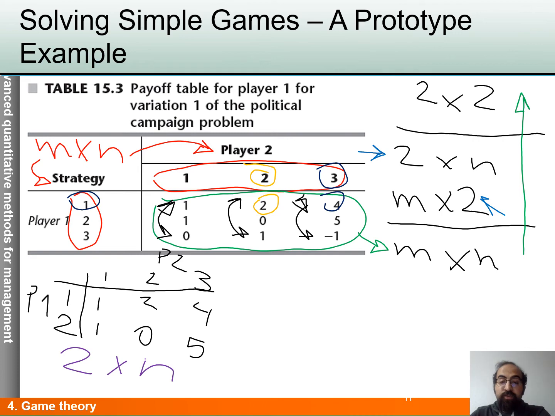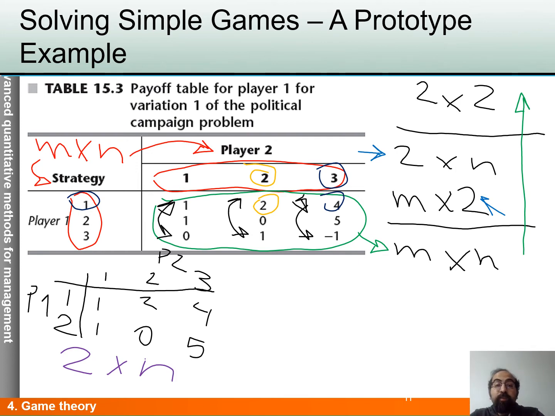But let's review from the point of view of player 2. As we discussed before, for player 2, it's ideal to have less positive elements or more negative elements. For example, when it's -5, it means that player 2 wins 5 units.